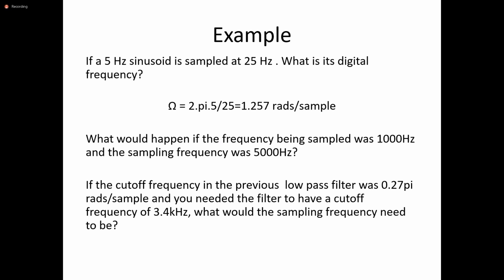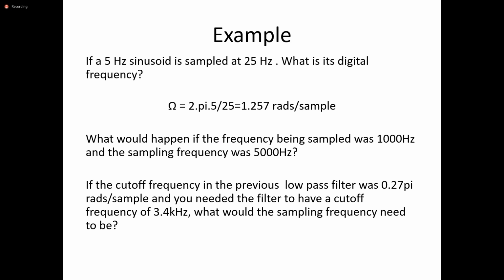Sir, would you just multiply it? Multiply it by what? You don't mean multiply 0.27 by pi. I don't think that would give you the frequency, because pi is just 3.142.